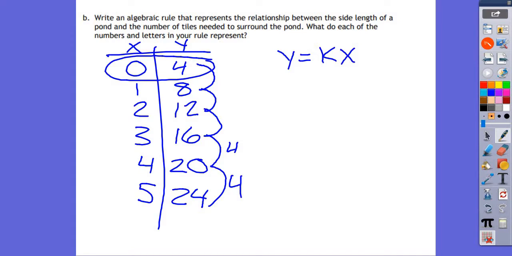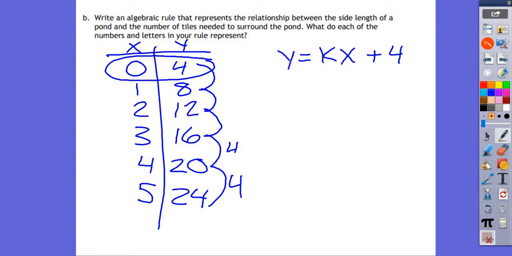So it needs to have, I hear people saying, a +4 added to it. Which means, before I even started building a pond, how many tiles do I have to start out with? 4. And what is that representing in my problem? My 4 corners.